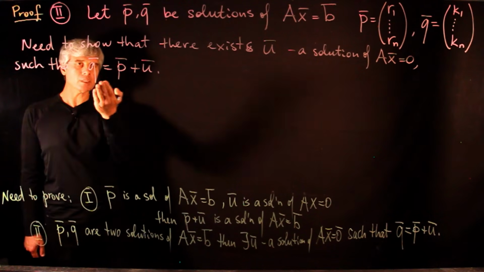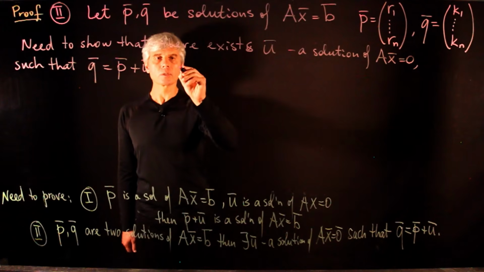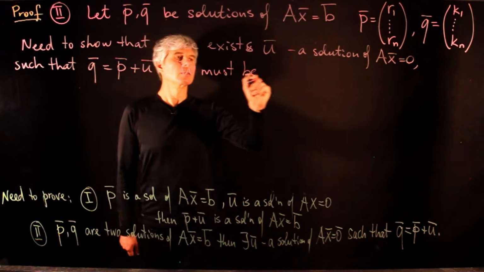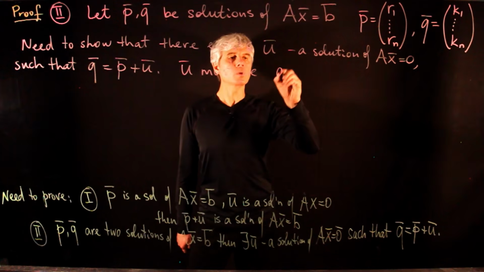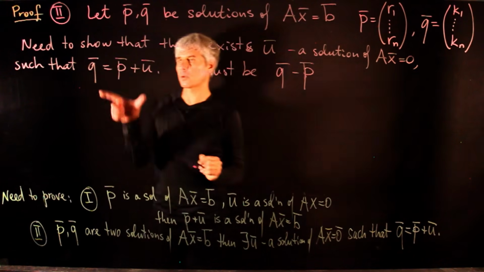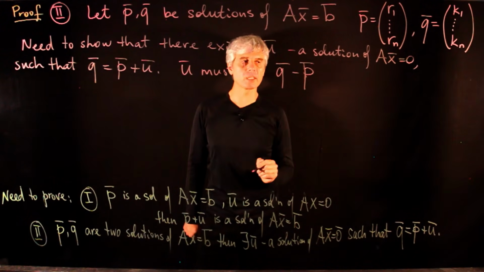But if we want this to hold, then clearly u must be q minus p, right? So from this equality, we conclude that u must be equal to q minus p.